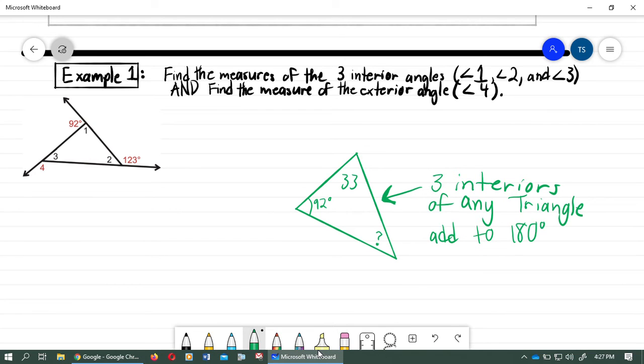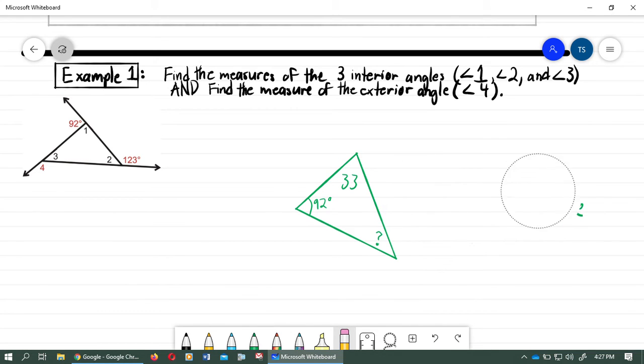That thing that we discussed in our previous lesson is still true, and we still need to know that. So that's your reminder: the 3 interior angles of any triangle add to 180 degrees. We're going to go ahead and erase all of that right there. That was your reminder about what we talked about in our most recent video.